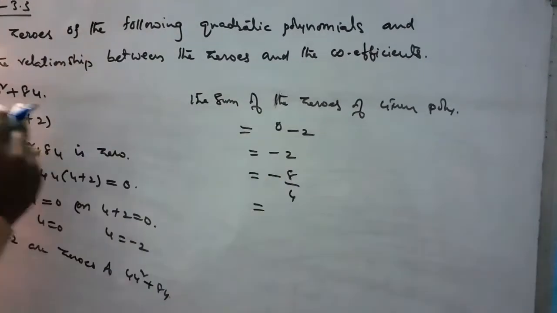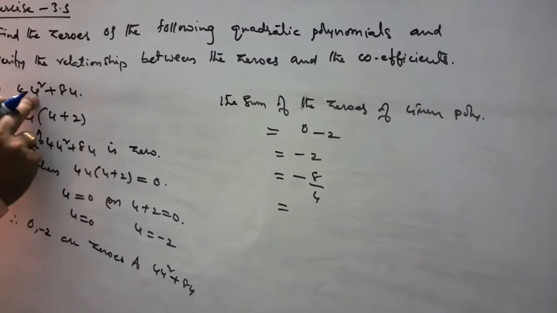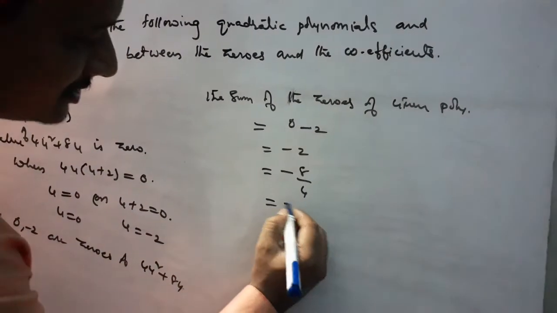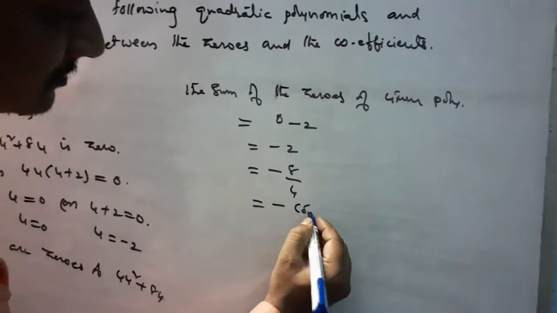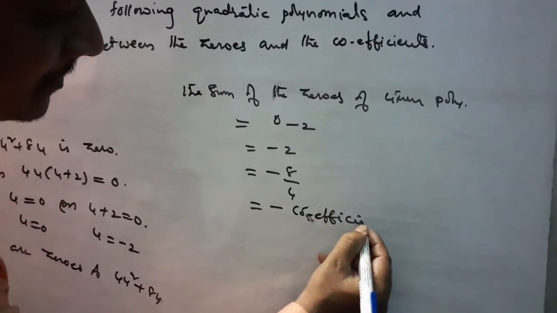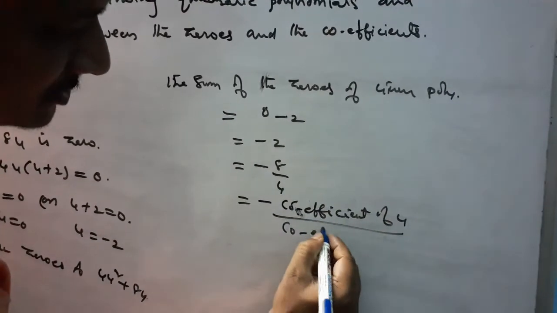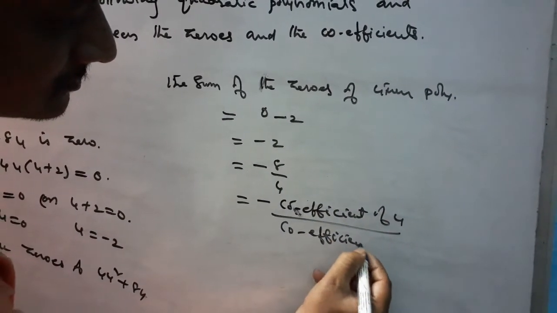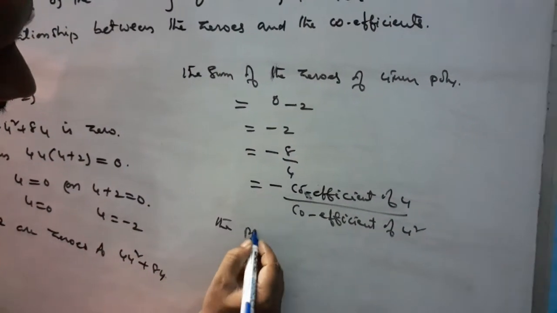Here 8 is the coefficient of u, and 4 is the coefficient of u square. So it is minus coefficient of u by coefficient of u square.